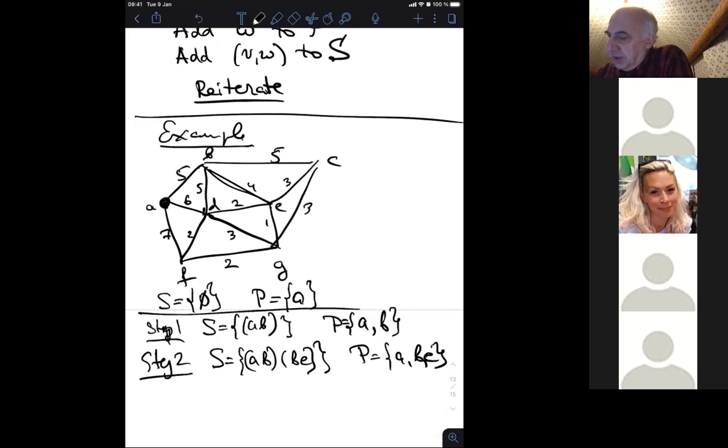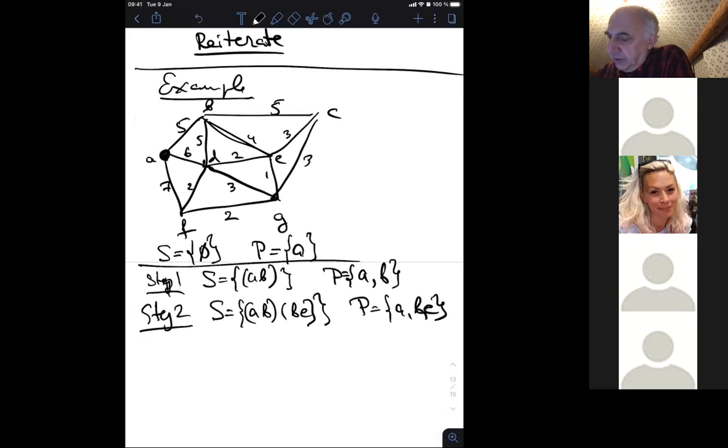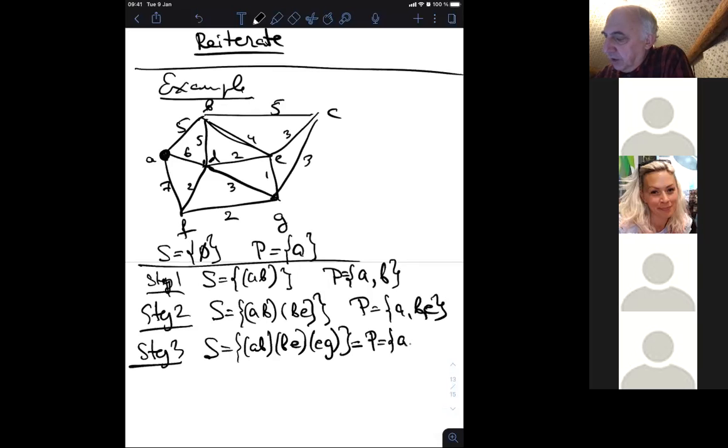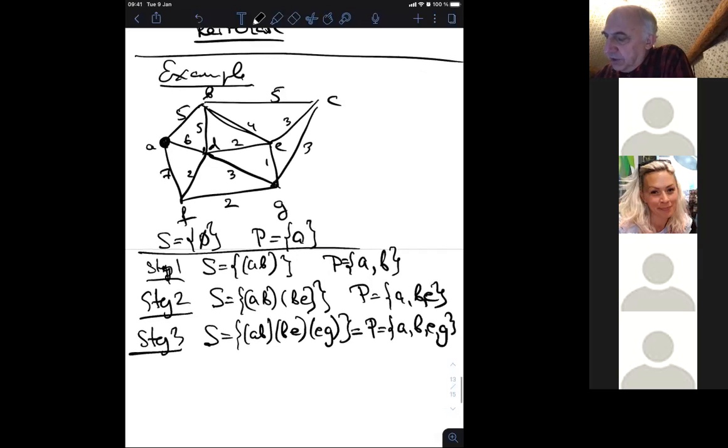Okay, the next thing we see is that from E we have the edge of length 1 going to G. Step 3, S would be AB, BE, and finally EG. And our P is extended by G now: A, B, E, G. Okay, then we have two top possibilities.